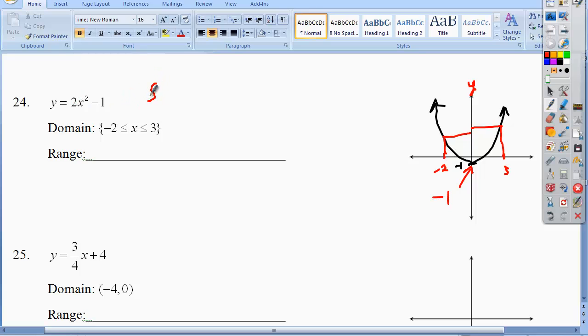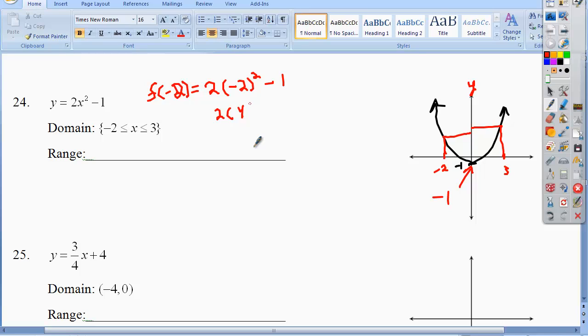So let me do f of -2. We have 2 times -2 squared minus 1, which gives us 2 times -2 times -2, which is +4.